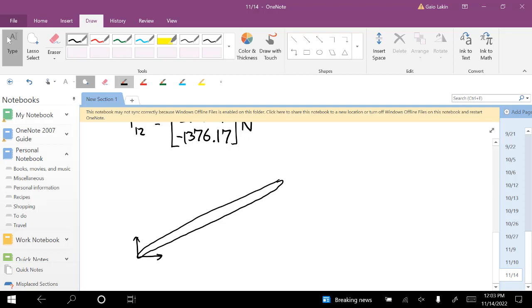So over here at the joint B, we have 2101.27 for X, 212.43 for Y. And then at the middle, this is the force negative F12. So this is negative 2101.27, 1376.17.